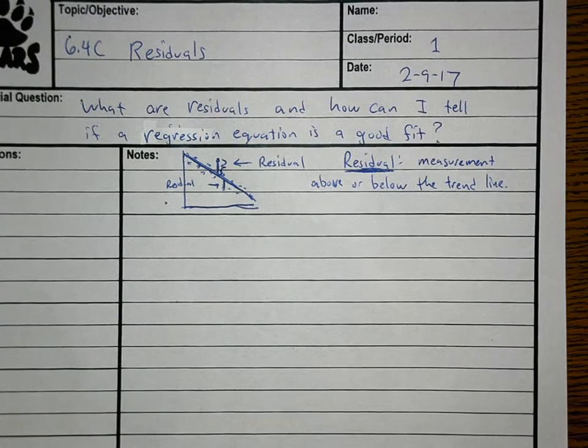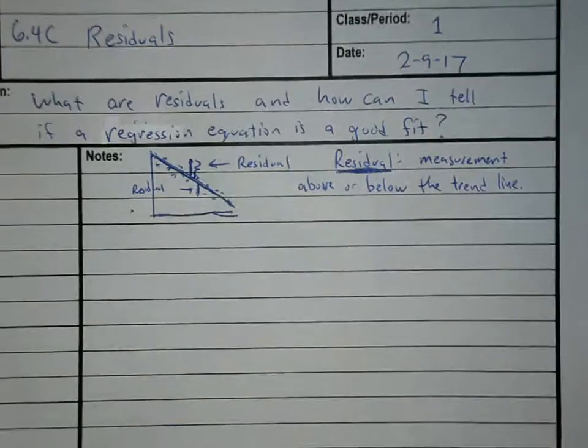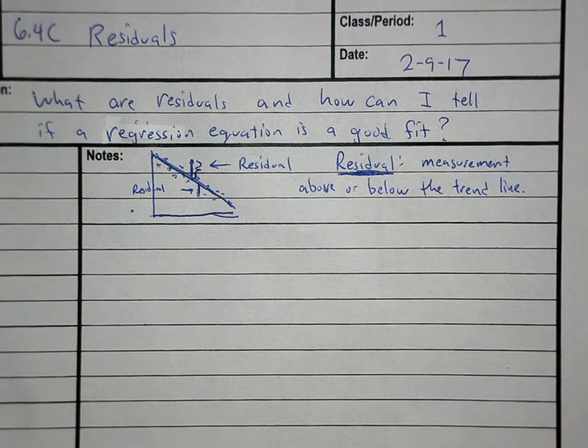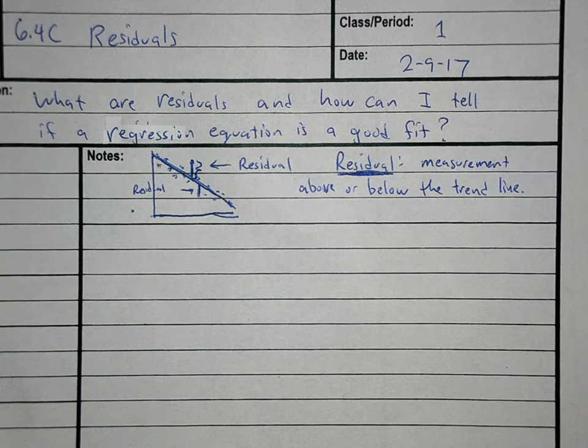The residual is the measurement above or below the trend line. So what you're going to have to do today is figure out what the residuals are. I'm going to start you off on number one. This will be one of the first times I only do half of a problem for you, because I want you to do the rest of the problem.